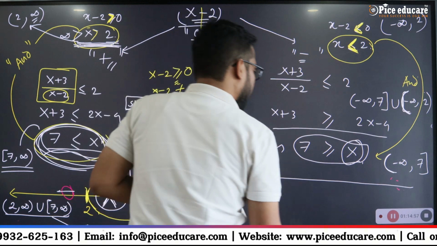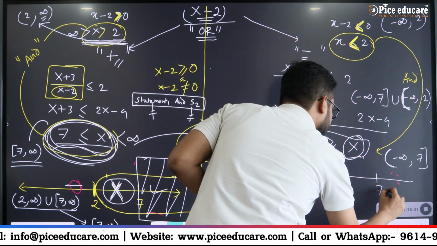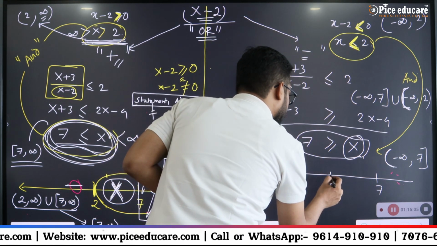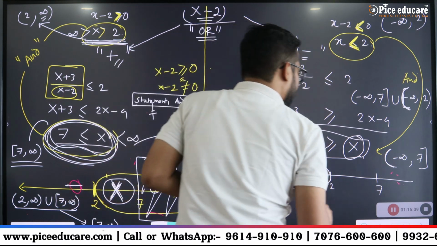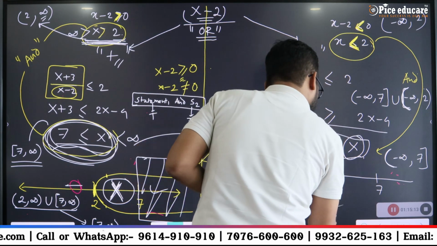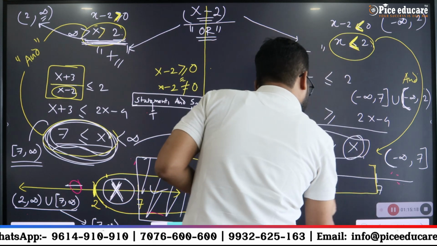Here is my 2, here is my 7. I am talking about strictly less than 2, so this region, and less than or equal to 7, so this is the region.